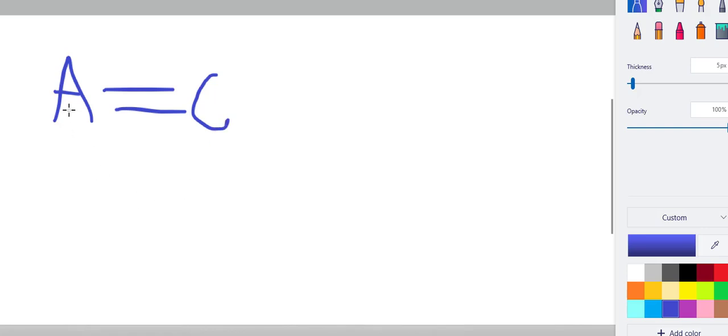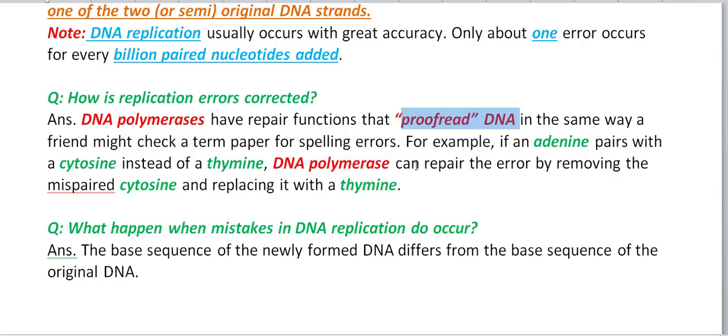Adenine never pairs with cytosine, but if the DNA polymerase pairs adenine with cytosine, this is a mistake in the pairing between two nucleotides. DNA polymerase can repair the error by removing the mispairing cytosine.